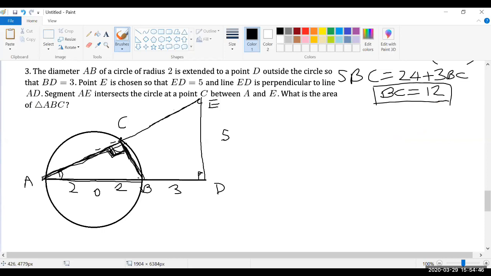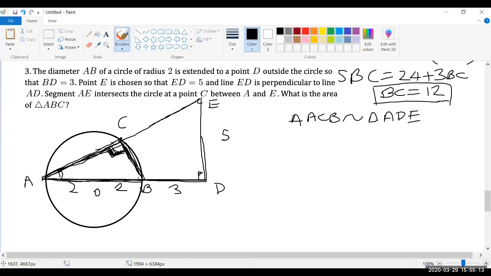So emphasize that, that's a right angle. So now we can use similar triangles because we know that angle ACB is congruent to angle ADE. So triangle ACB is similar to triangle ADE.